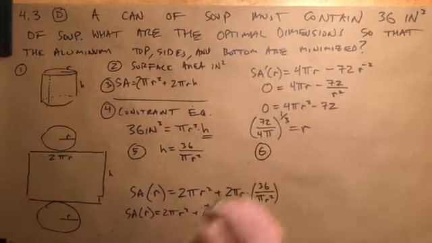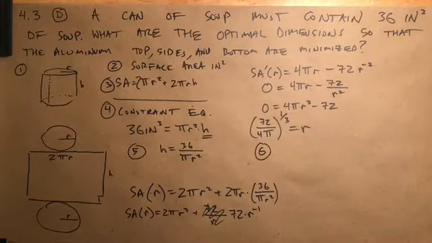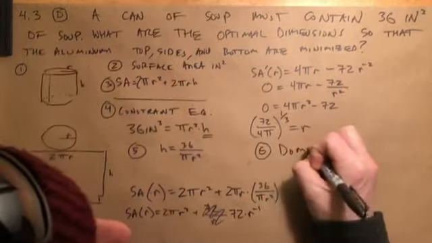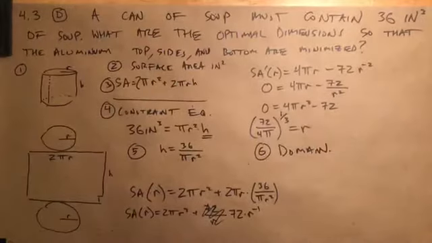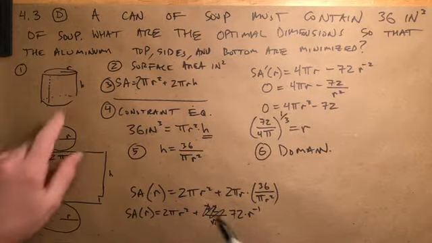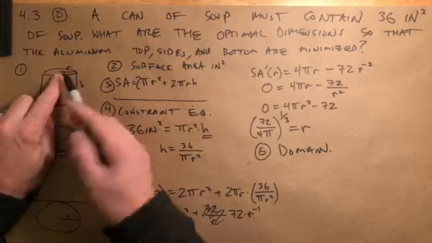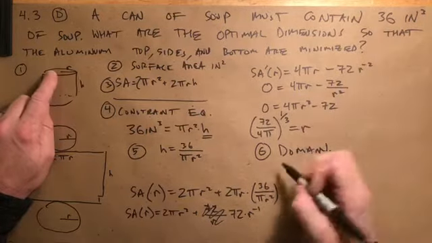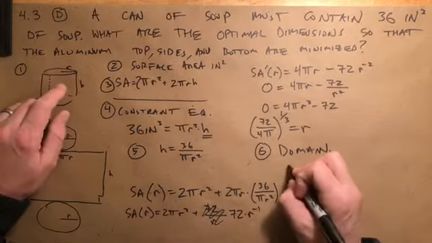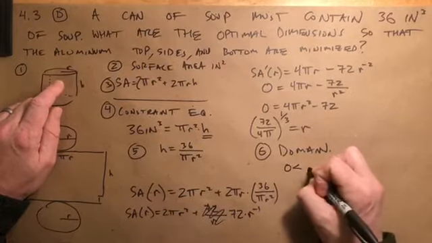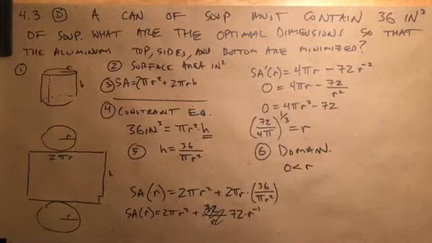Now, let's go back to step 6. And now we're going to have to test everything, or think about the domain. So how big could the radius be? Well, I have a problem, because if the radius is 0, it's never going to be equal to 36. So we certainly know that 0 has to be less than r.